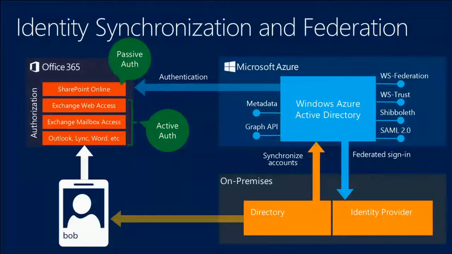So before I do that, I want to introduce a little bit of terminology and tell you a little bit about some of the things that we think about when we're talking about identity management with Office 365. So I talked about that directory just a moment ago, and if you look at the yellow box that says directory there, you might have a directory on premises in your servers.